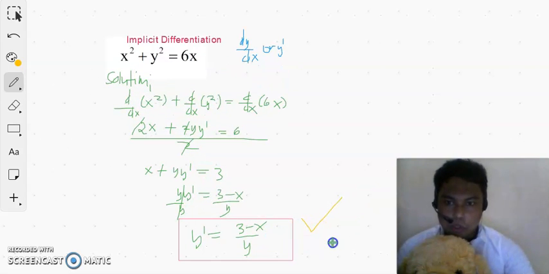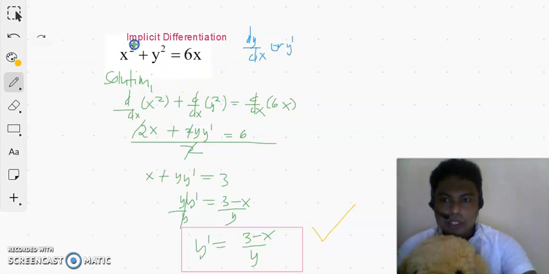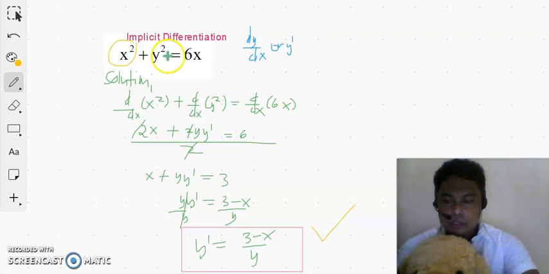Again, if you're going to have implicit differentiation, the first thing to do is look for dy over dx. And then for differentiating with respect to x, you need to differentiate it with respect to x.